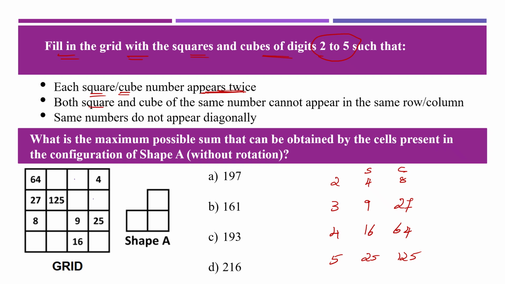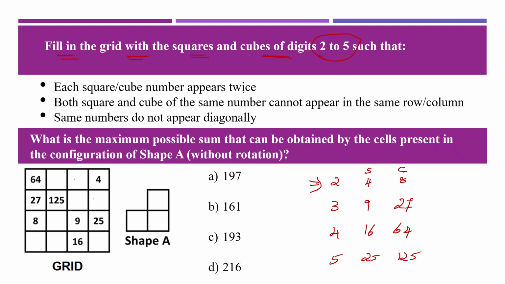Both square and cube of the same number cannot appear in the same row and column. Same numbers do not appear diagonally. Okay, let's fill the given grid with these numbers. Let's first start with 2.